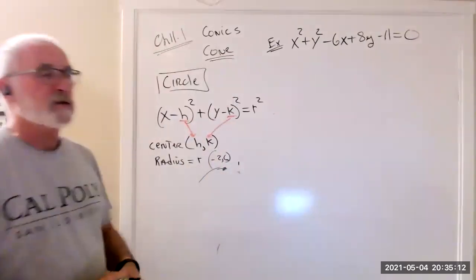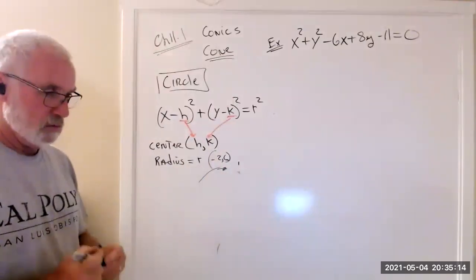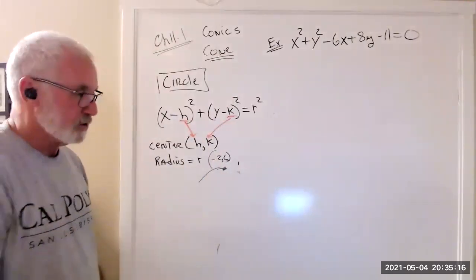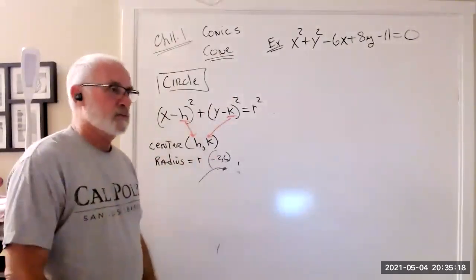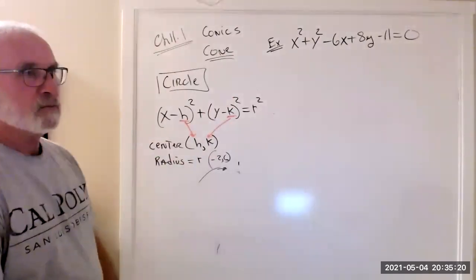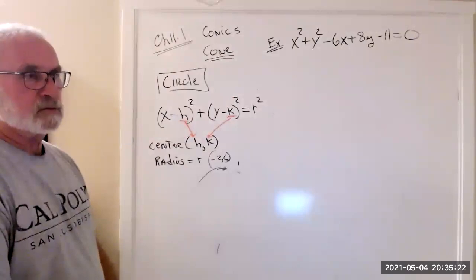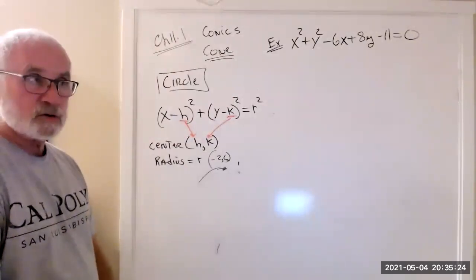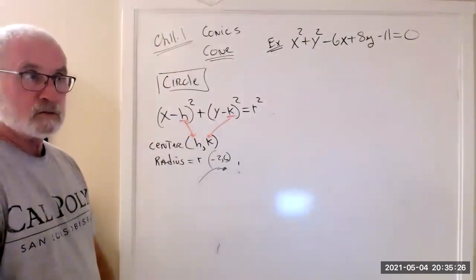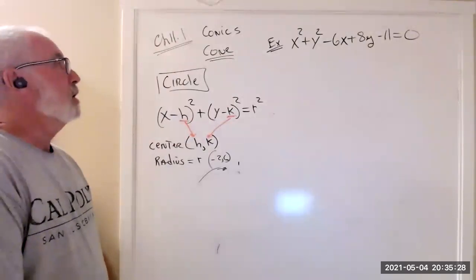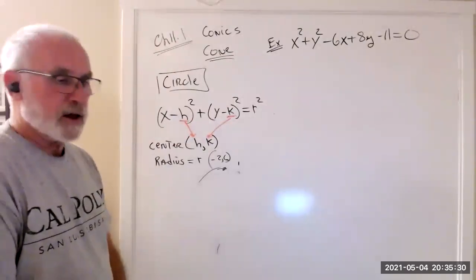And what if I said, okay, this is a circle. Later, I'll tell you how to recognize it's a circle, but this is a circle. What's the center? What's the radius? What's the domain? What's the range? Well, I'm going to show you how to do that.